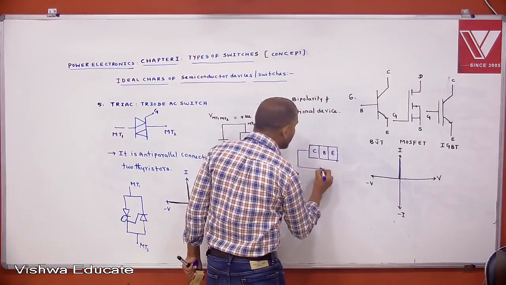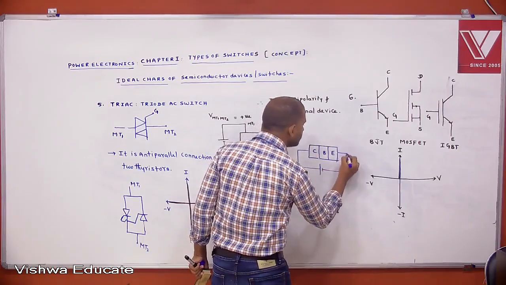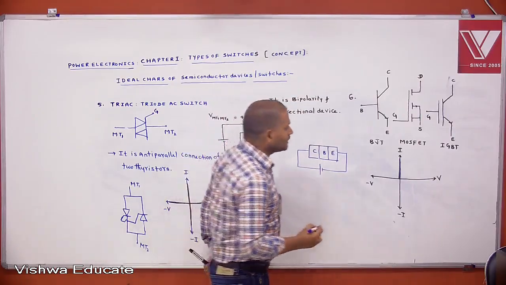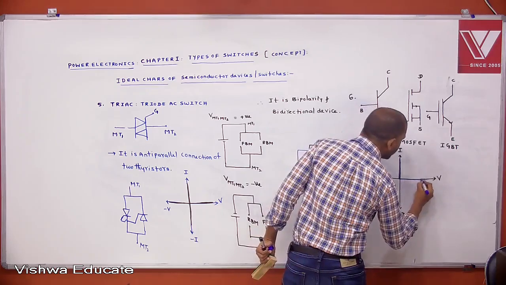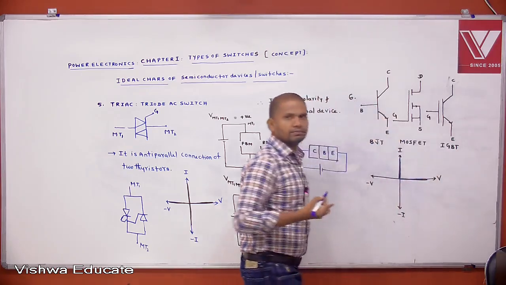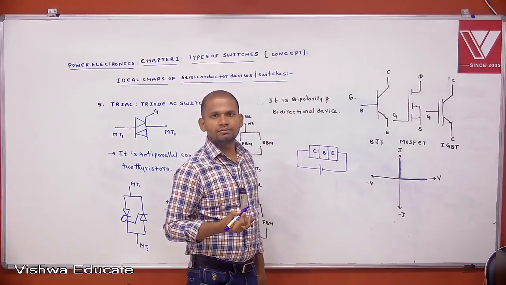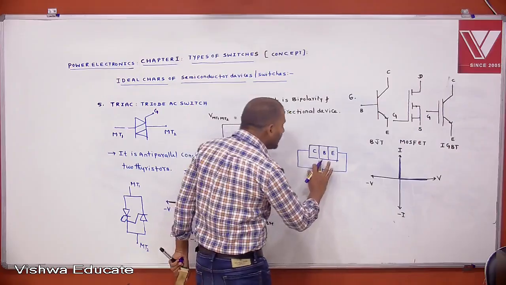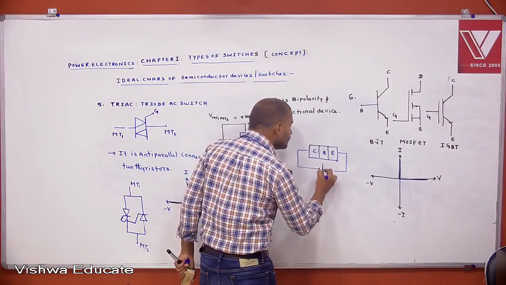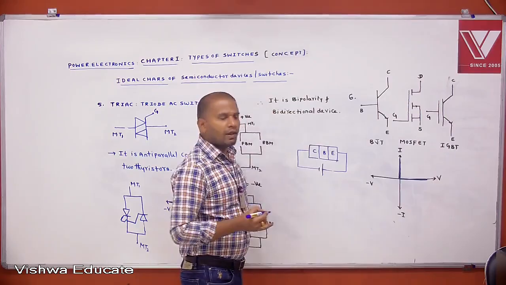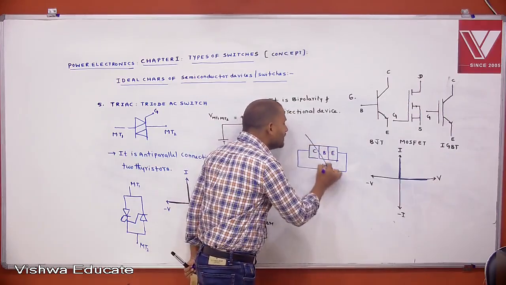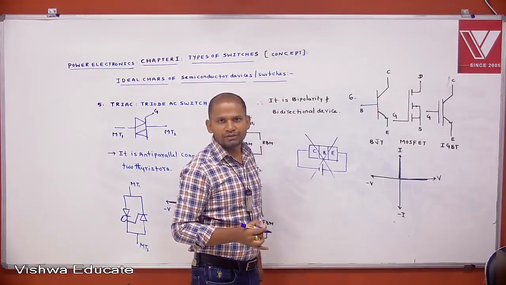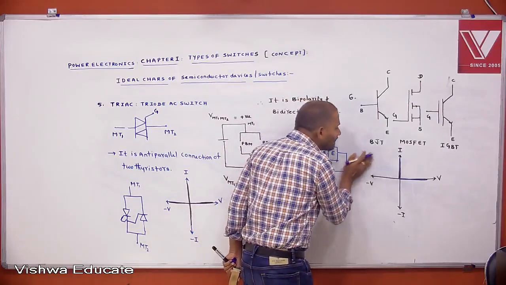If you apply the forward voltage, up to VCE equal to VCE sat, it blocks the forward voltage. Understood? Then if you apply reverse voltage, it cannot block the reverse voltage. That's why we don't get any characteristics on the negative side.